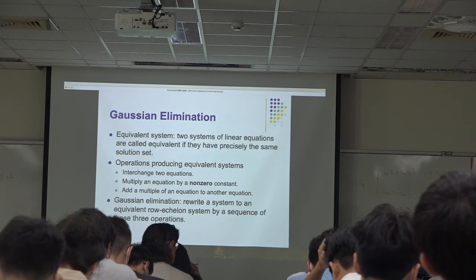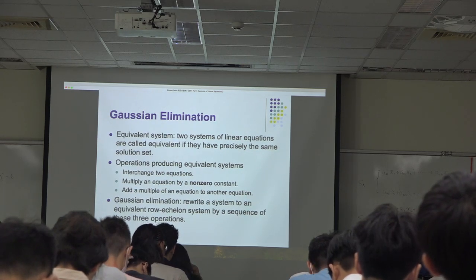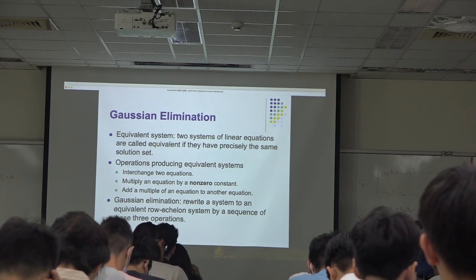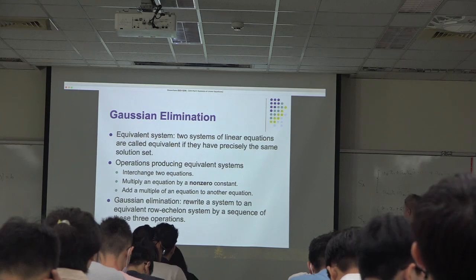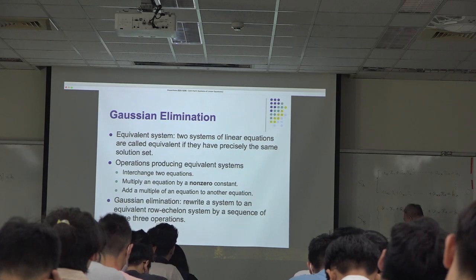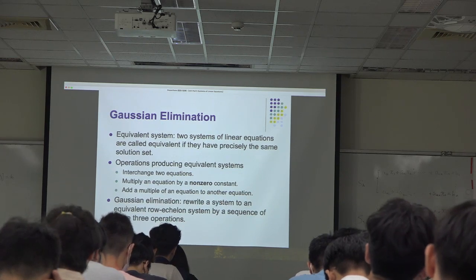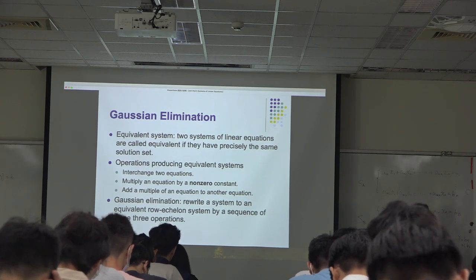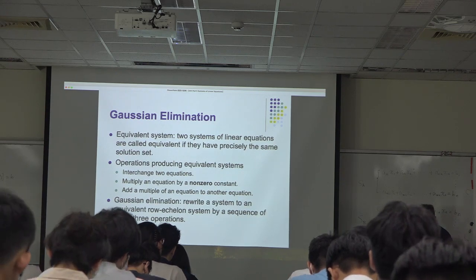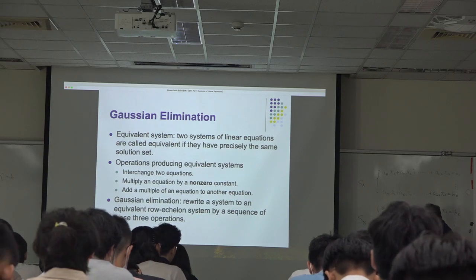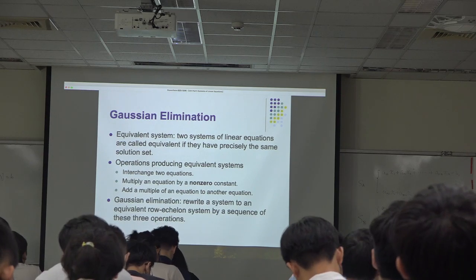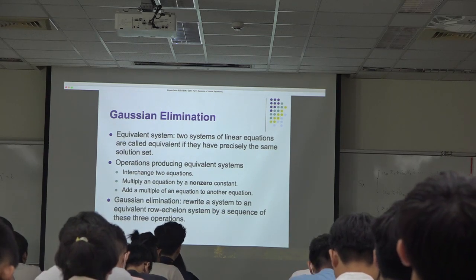Okay, how to show two sets are equal? The only way to do it is that first, you need to show SA is a subset of SB, and then you need to show SB is a subset of SA. If both of these are satisfied, then SA and SB are the same, right?